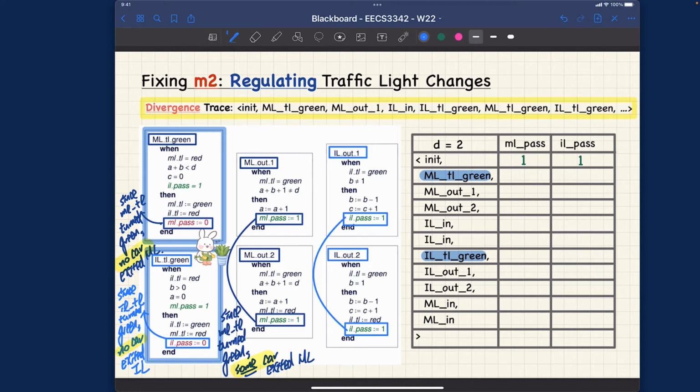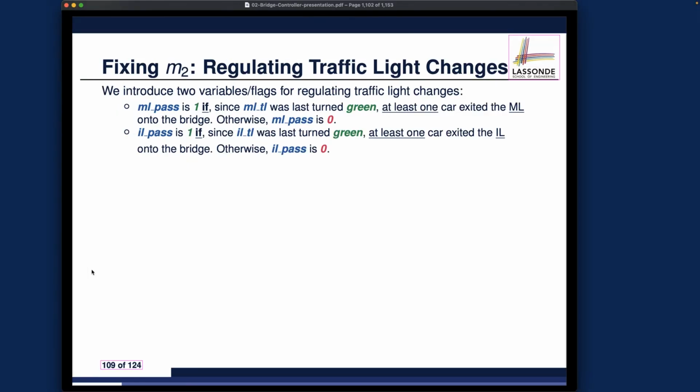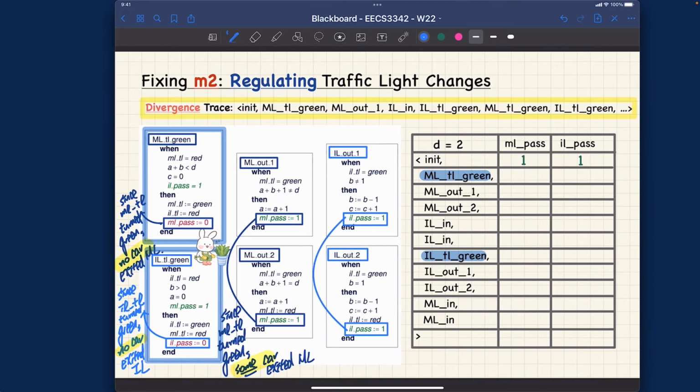Right? Let me just show you again. If you go back to the slides, you can see IL pass is 1 if, since the ILTL was last turned green, at least one car exited from the island onto the bridge. And every time there's a car exiting from the island, it will be represented by the occurrence of either IL out 1 or IL out 2. Right? Let's write it down over here. It's really important to get the definition straight first, and then I'll show you more insights into the events design.